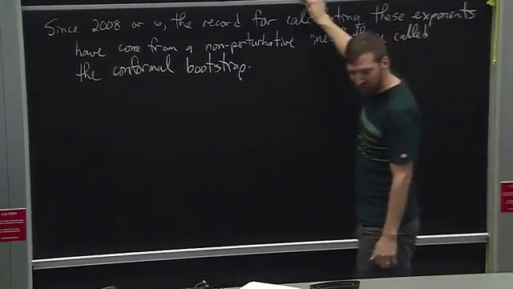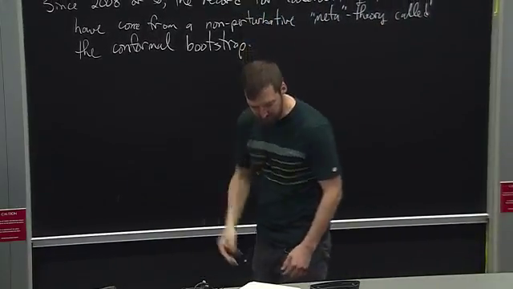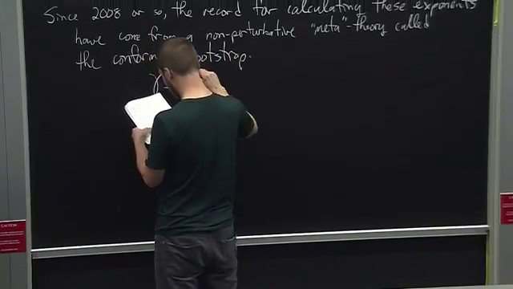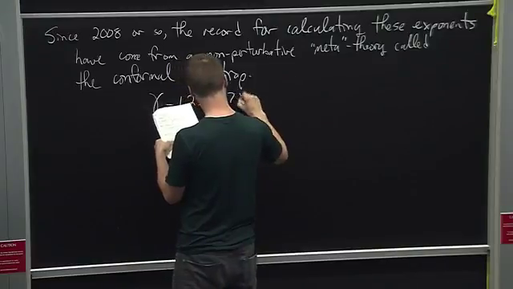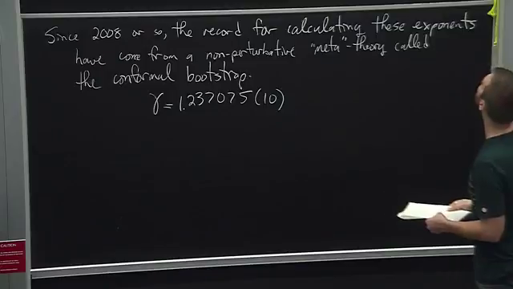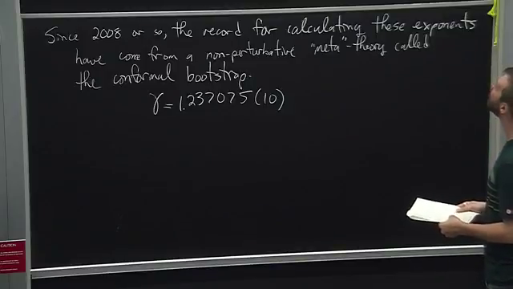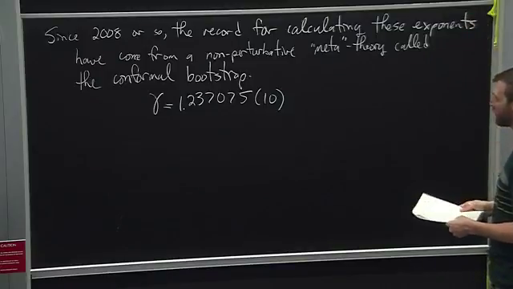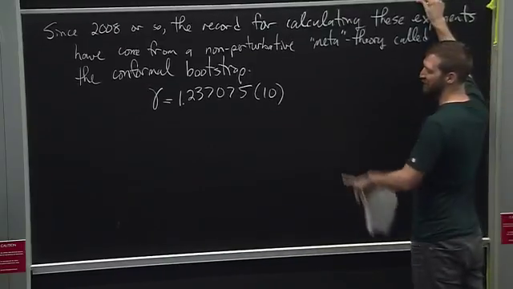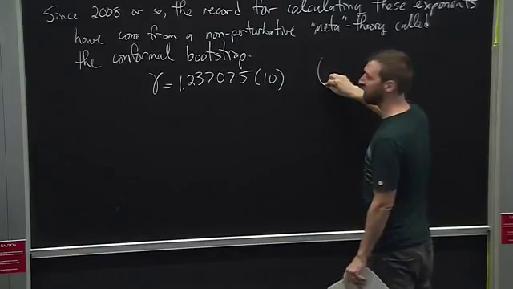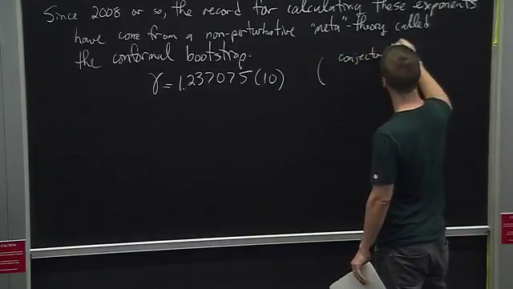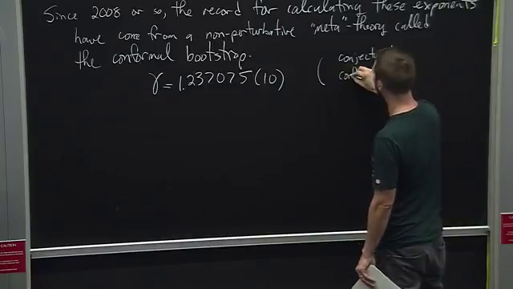So the conformal bootstrap, I don't have a citation for this either, but the value for gamma is that 237. Yeah, so I'd say the numerics was closer. I would say that. I mean, this, again, you've conjectured, maybe? Conformal.